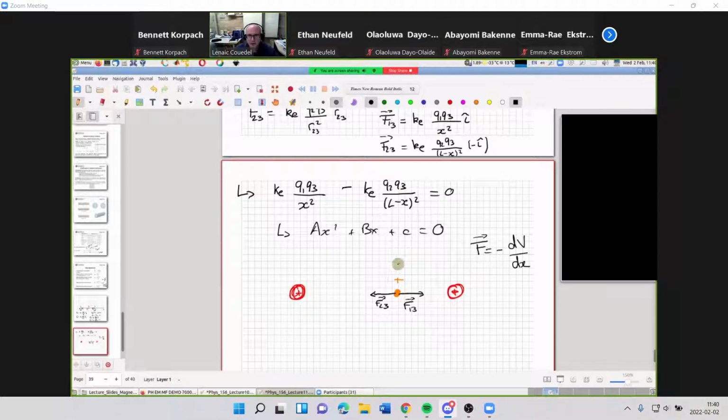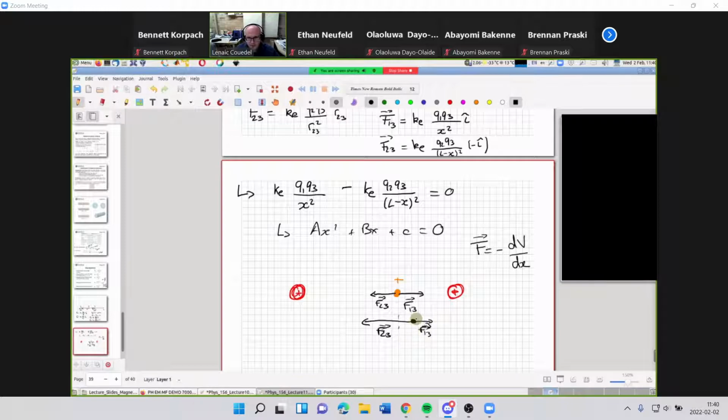If I move my charge, same thing, I have moved it slightly to the right. Well, I'm closer to this charge, so my F23 becomes like that. And I'm further away from charge 1, so my F13 becomes like that.